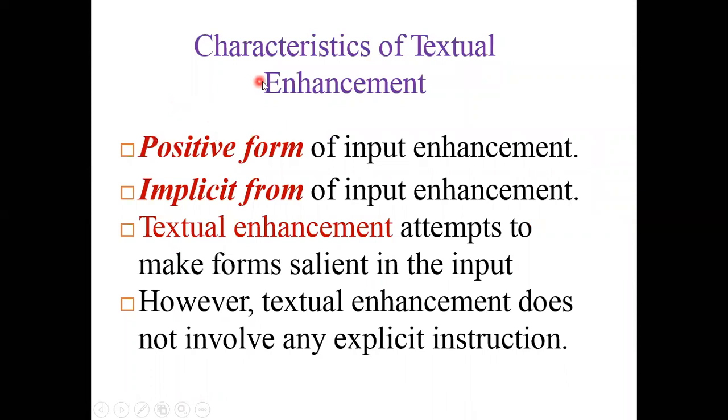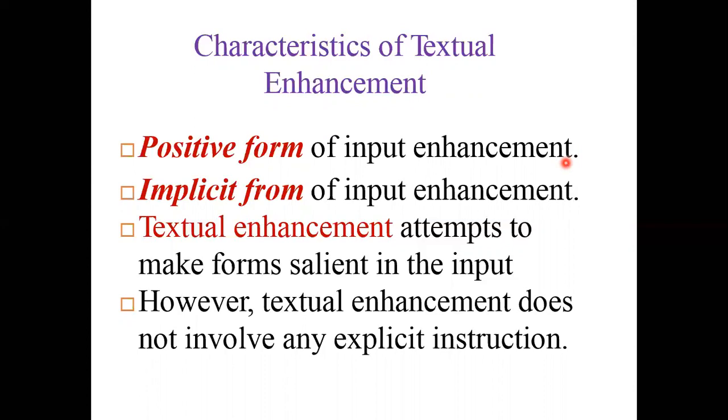Now look at the characteristics of textual enhancement. You have a positive form of input enhancement. It means you guide students in a direct way to the form focus. So for example, you tell them this is present perfect. You highlight the subject, have or has, and then verb 3.